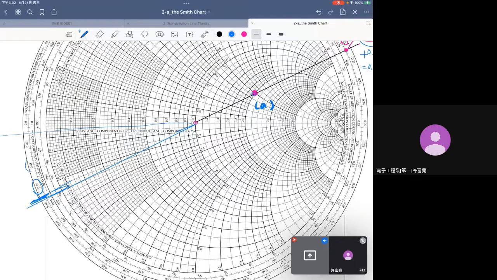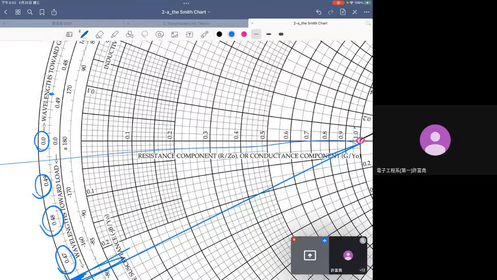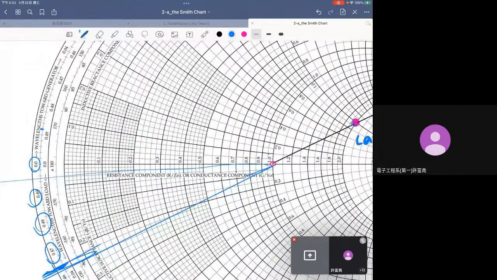And if the number is more than 0.5, you will use the new scale. What you need to do is just subtract 0.5 from your number. For the outside of the scale, the maximum is only 0.5. You will smartly use your new scale.